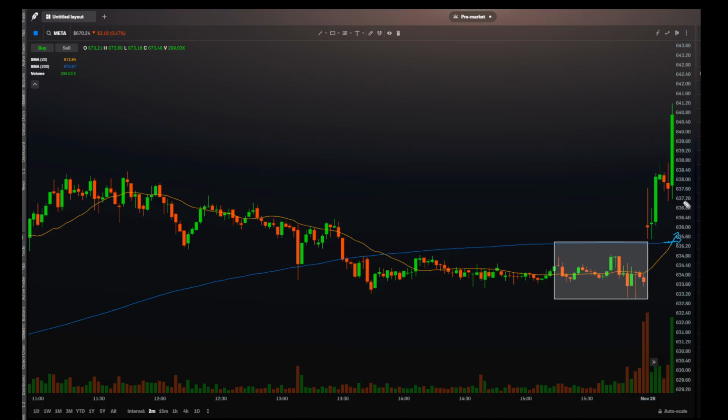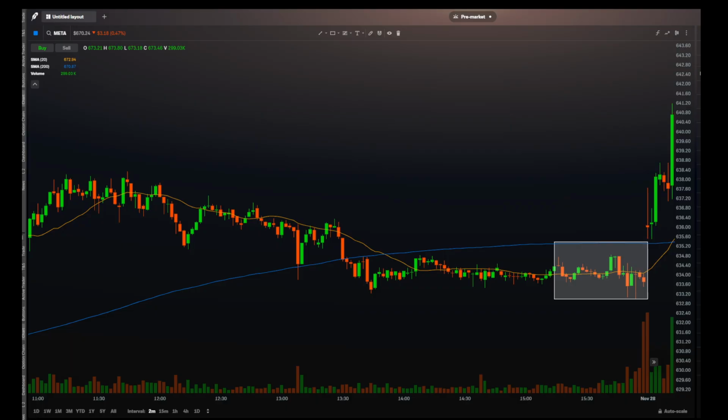Whenever that happens, that's an indication price could trend to the upside, create a wide state from the 200, and then come back down later, kind of like that. So only when the 20 is above the 200 are we taking long trades. That's why we didn't enter here.